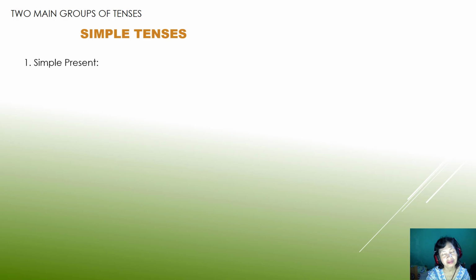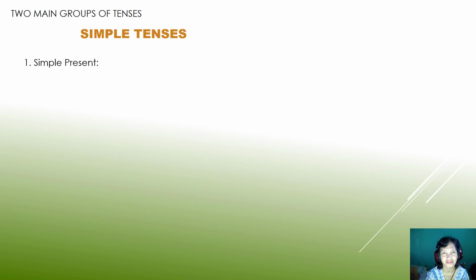Because we have 3 divisions of time: present, past, and future, surely it will influence the name of the tense. The first is simple present. Sometimes students often mention simple present continuous tense.